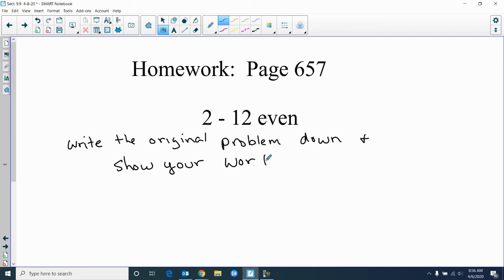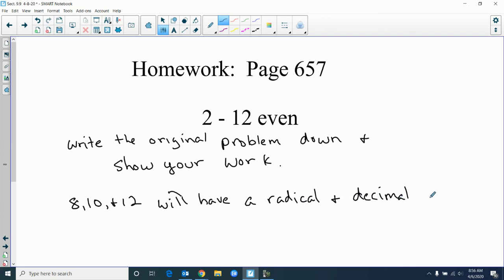Now, a little bit of a hint: 8, 10, and 12 will have a radical and a decimal answer. So that means when you take the square root of that number, it will not be a whole number.